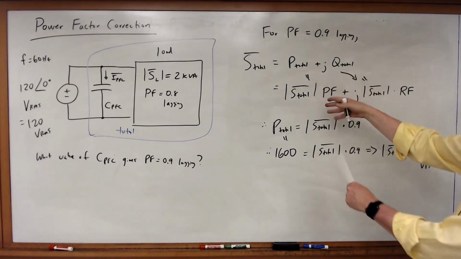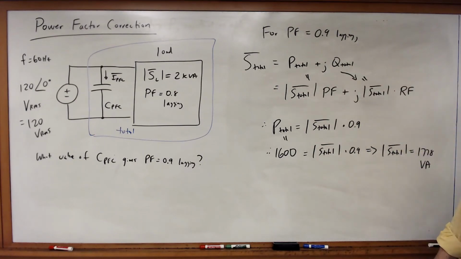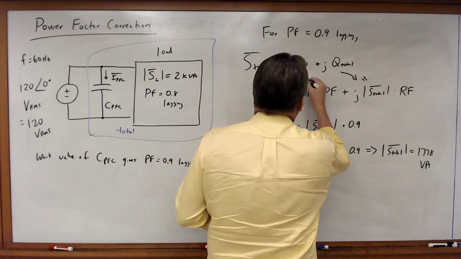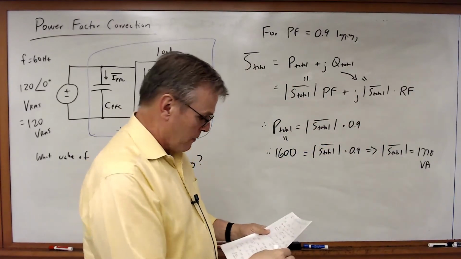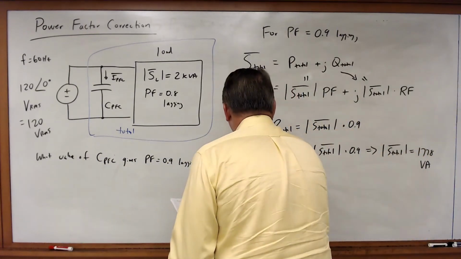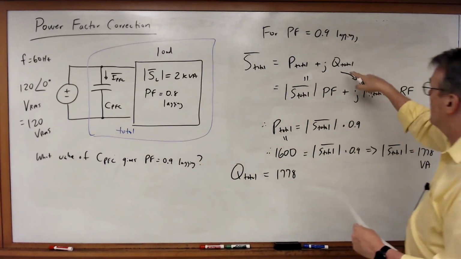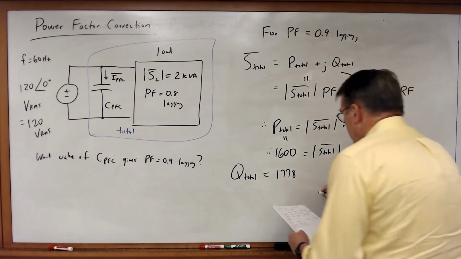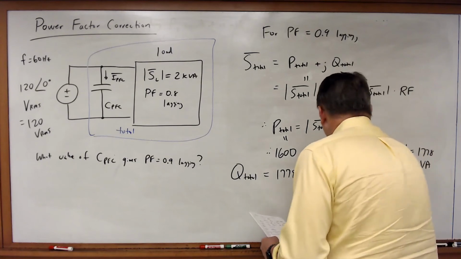So that's the apparent power of the system, assuming the power factor is equal to 0.9. And notice how I'm just going through and using the definition of complex power and the equations we previously developed. So in this case, let's take this number and plug it into the above equation. Q total must therefore be equal to 1778 times the sine of the inverse cosine of 0.9.